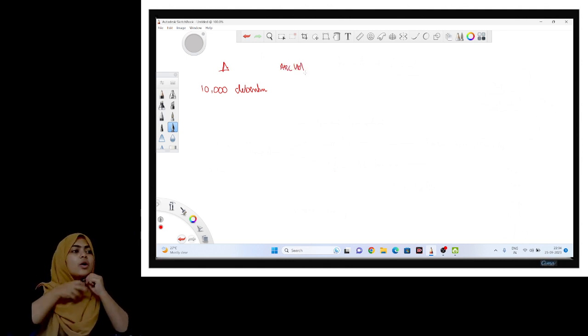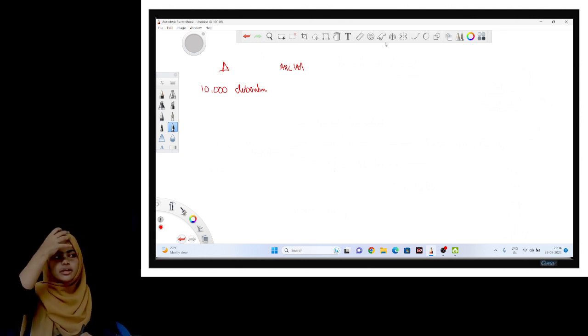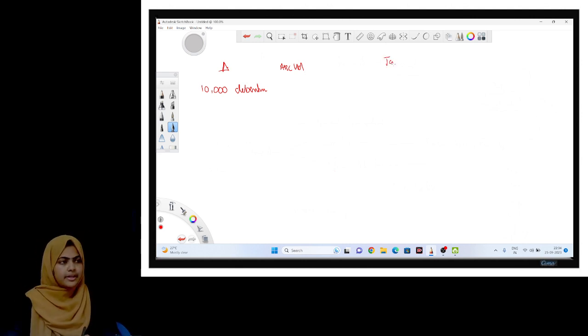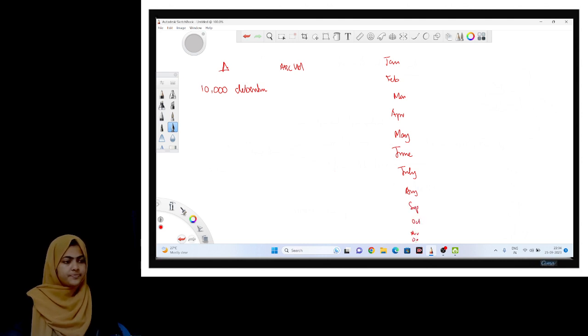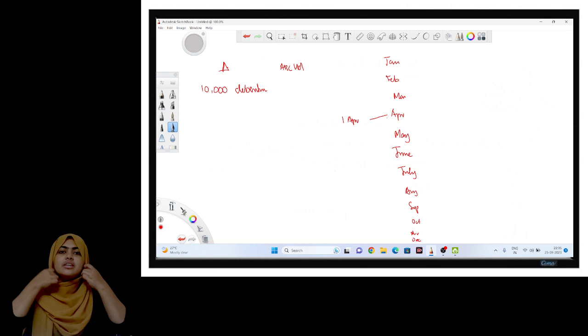Now I'll write the calendar also for better clarity. So let's say A purchased these 10,000 debentures on 1st April.